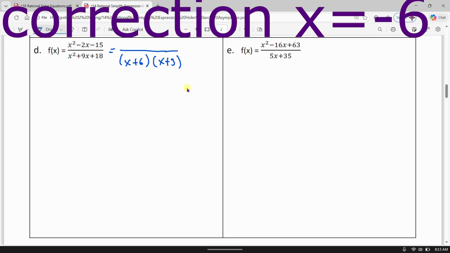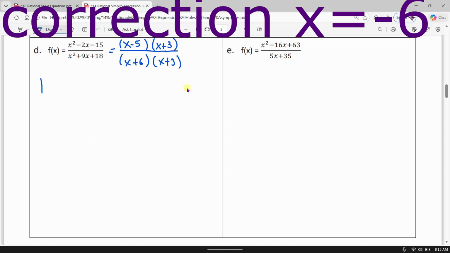I'm going to do exactly the same thing to the top. So it'll be x there. And now two numbers that multiply to negative 15 and add to negative 2 are negative 5 and positive 3. So negative 5 times 3 is negative 15. Negative 5 plus 3 is negative 2.